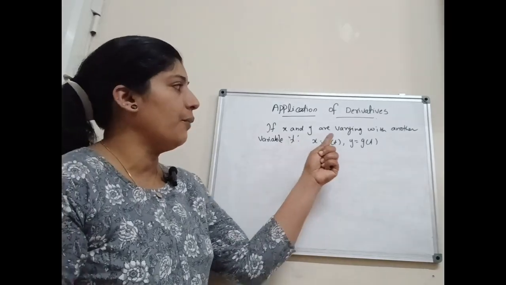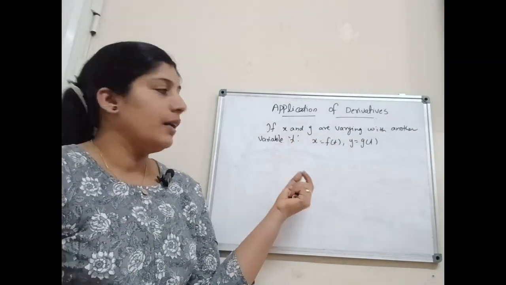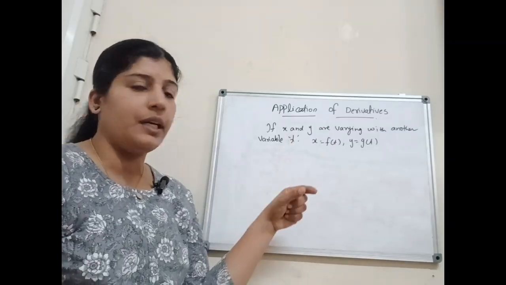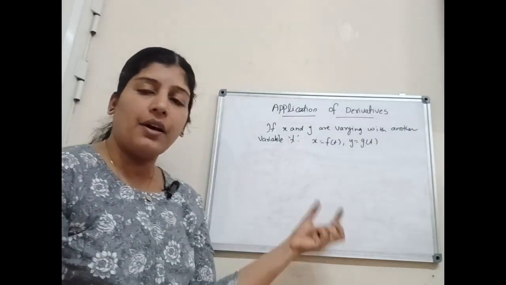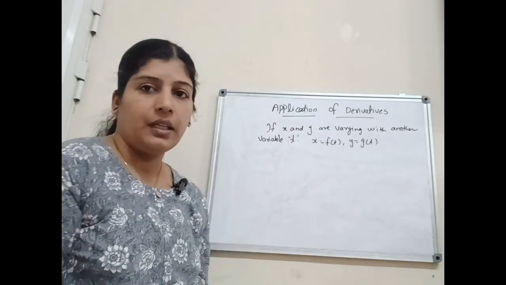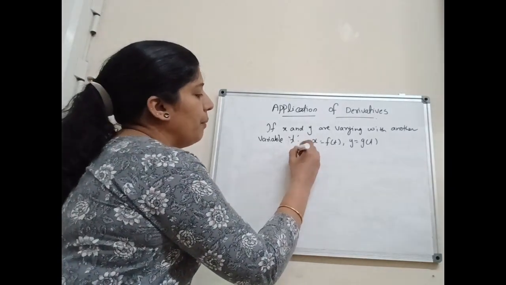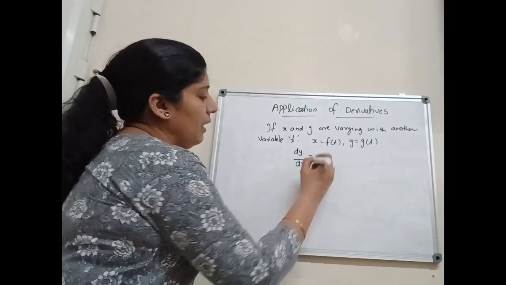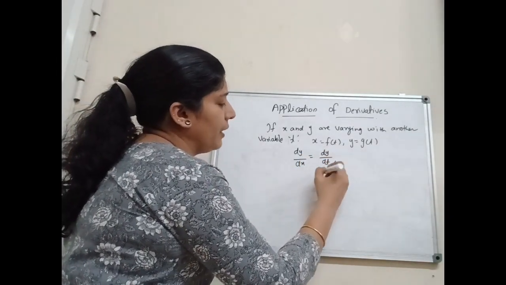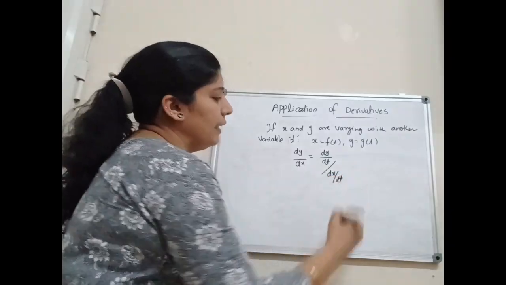Then how can we find out the rate of change of quantity? That is, here we have to find out dy by dx. That is equal to, it can be written as dy by dt divided by dx by dt.